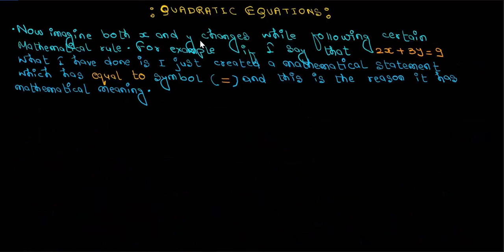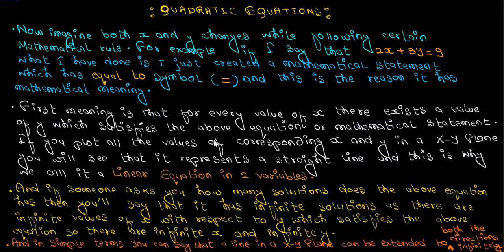Now imagine both x and y change while following a certain mathematical rule. For example, if I say that 2x plus 3y equal to 9, what I have done is I just created a mathematical statement which has the equal to symbol, and this is the reason it has mathematical meaning.